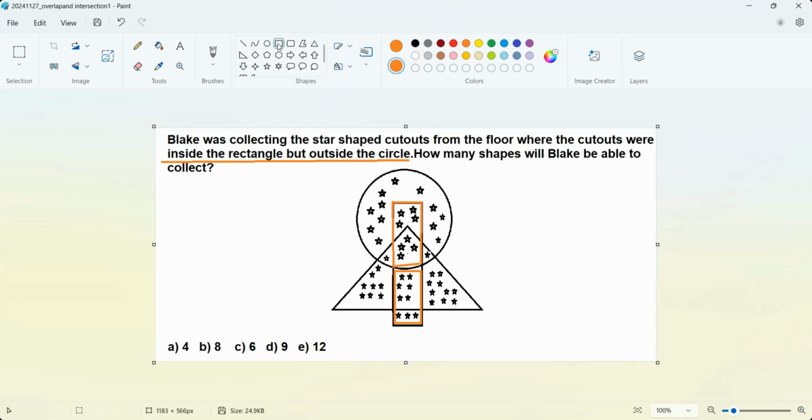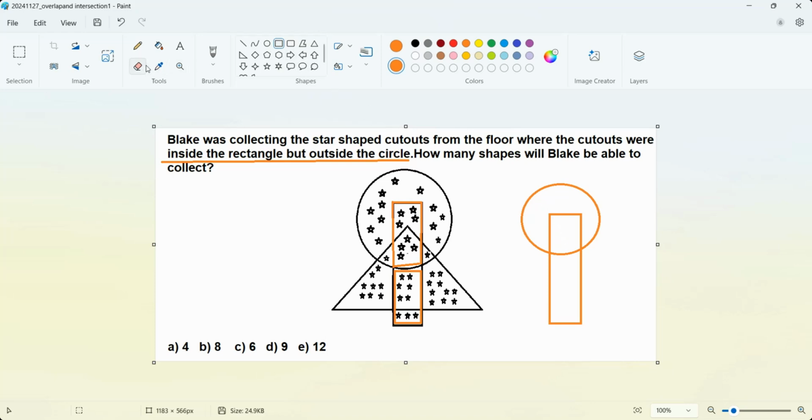So to be a little more clear about this, let's draw this. Here is a circle, here is a rectangle.